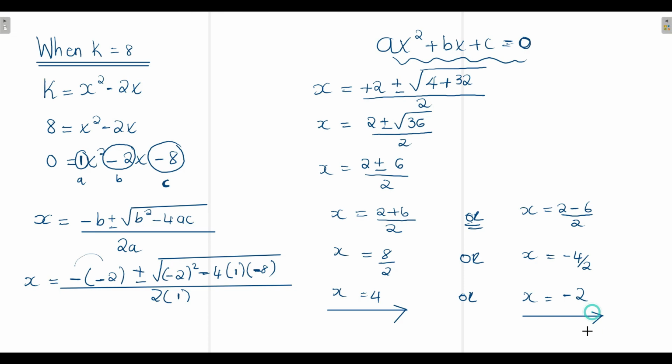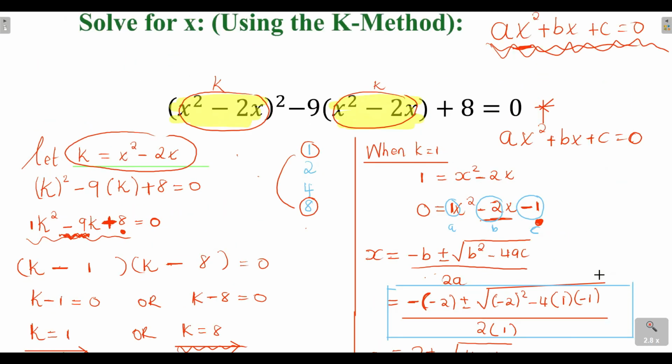And the degree of the polynomial tells you how many solutions for x you're going to have. So the degree was 4, meaning that we need to have 4 roots as the solutions for this equation. So this is a great question. You need to ensure that you also have a look at questions like this, where you use the K method to help you solve for x.